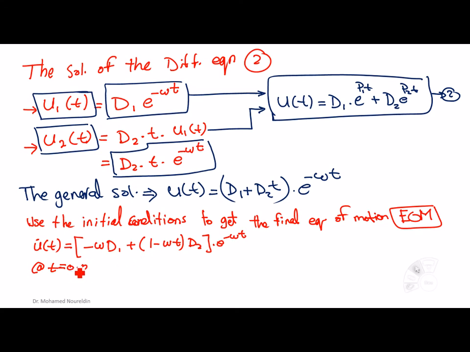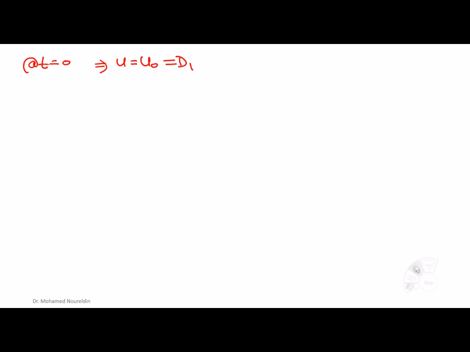U is going to be u node, and e to minus omega t is 1, so u is going to be d1, right? And after that, u dot is going to equal v node, and it is going to be equal to minus omega d1 plus d2, right?